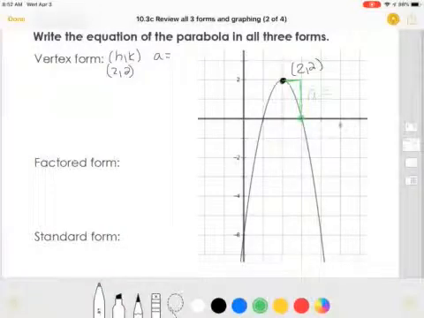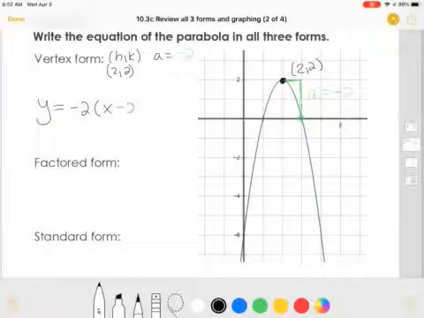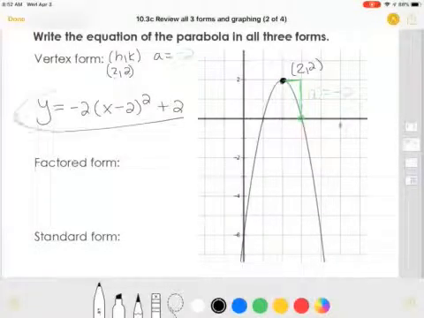So that tells us our a value is negative 2. Let's put that all together into our vertex form. Y equals negative 2 times x minus 2 squared plus 2. And notice how my h sign flipped, my k sign stayed the same.